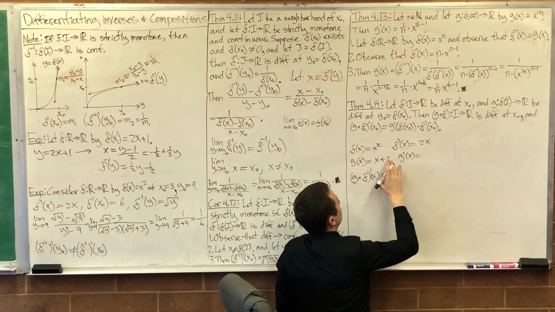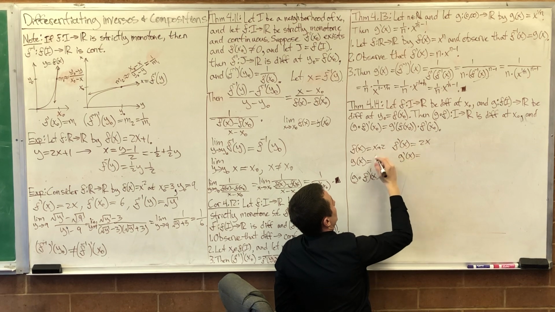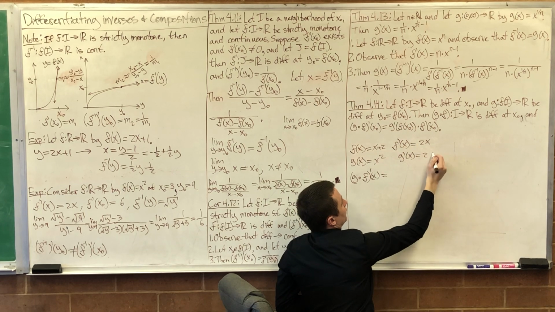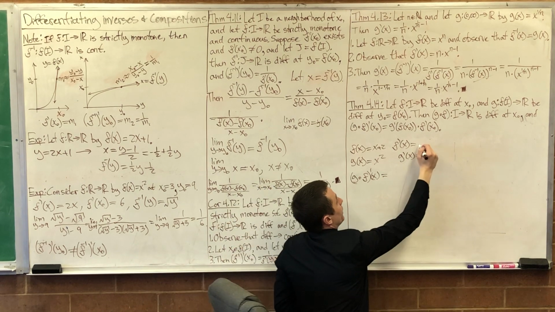Since g comes first, let's flip these. Let's make this one x plus 2, and let's make the g x squared. So now this is 2x, and what's the other derivative? 1.